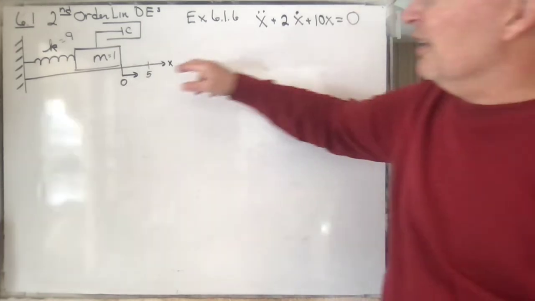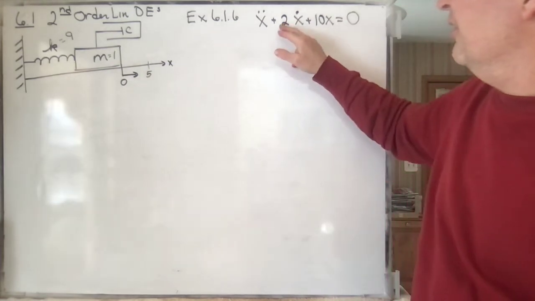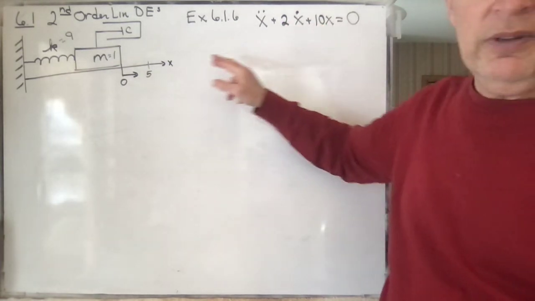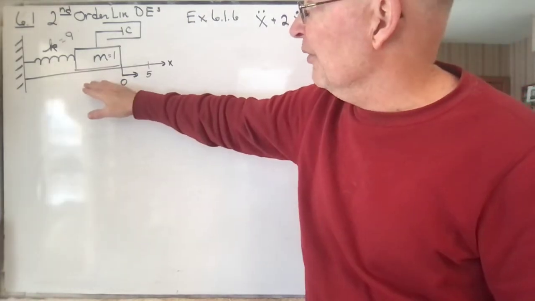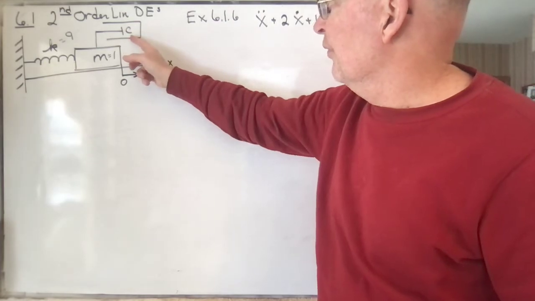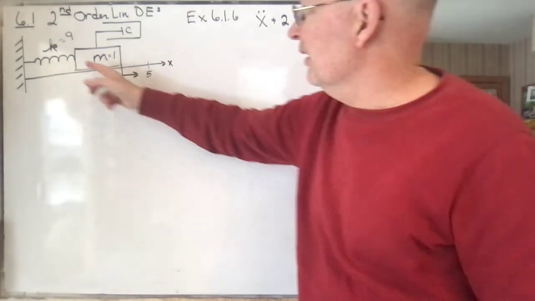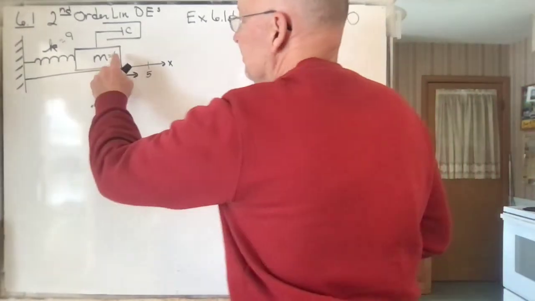Notice that this thing now is back to this sort of a situation. This is positive, that's positive. So we've got ourselves something that models a physical system where the mass is 1, the frictional constant is 2, and the spring constant is 10 in this case.